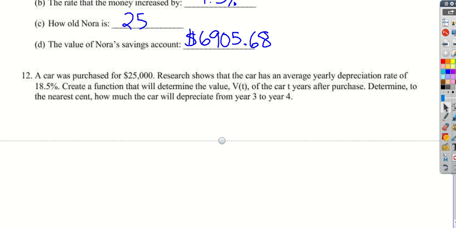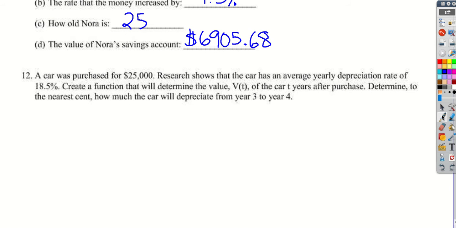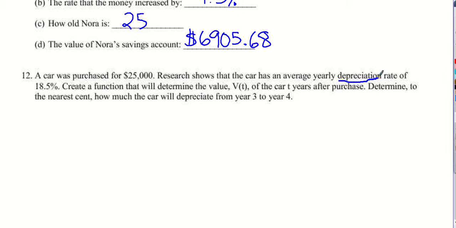All right, a car was purchased for $25,000. Research shows the car has an average yearly depreciation, so when it's going down, rate of 18.5%. So remember, we know that as a decimal, that R value is going to move 2 decimal places to the left, so 0.185. All right, and determine the value after t years.